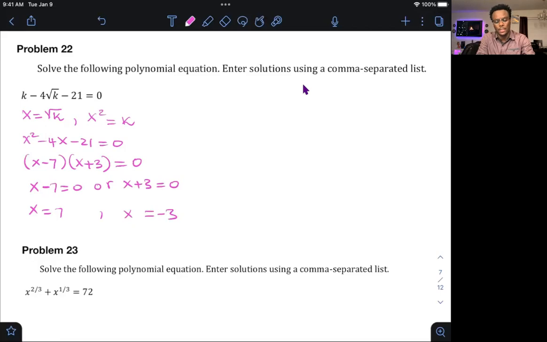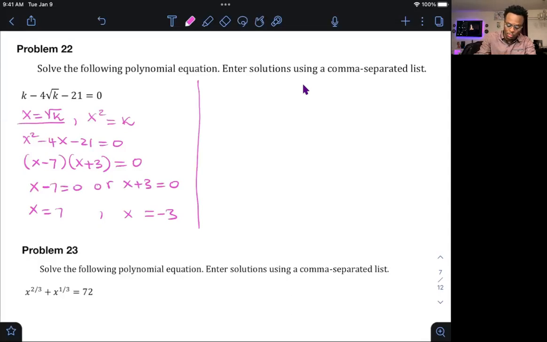Now we need to pay attention whenever we get to this point. Because when you get to this point, you have the tendency to think that, oh, that's my solution, and forget that we changed the variable to set up the equation. So whenever we get these answers, we need to go back to our previous variable, so we can continue to solve the equation. So we have x that was square root of k.